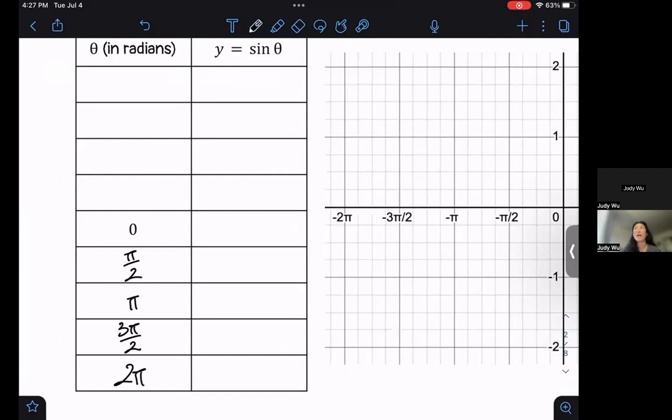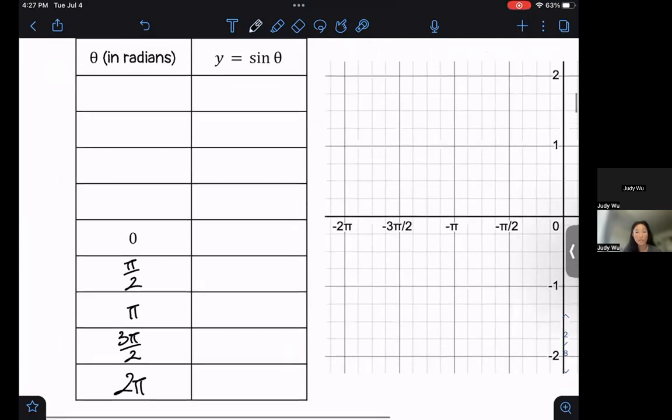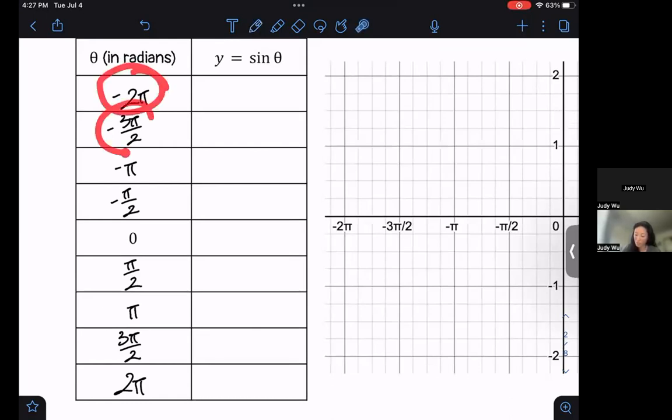And then I also want to go in the negative direction to make sure that I've got a pretty good looking graph. So negative pi over 2, negative pi, negative 3 pi over 2, negative 2 pi. And if I go back to my unit circle, and at each one of these angles I fill in the sine value, the y value on the unit circle, here's what I'll get.